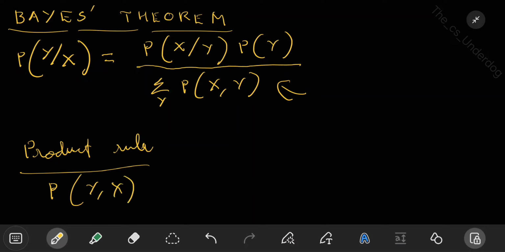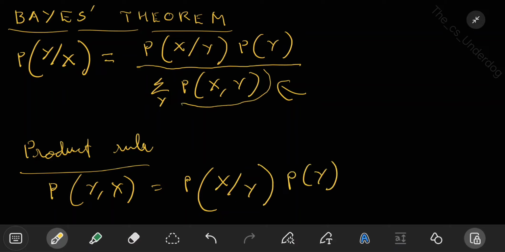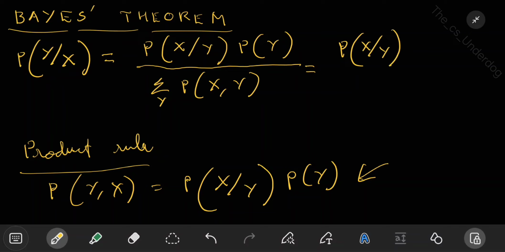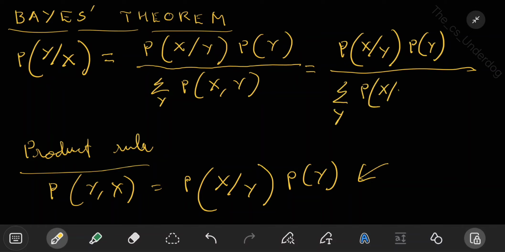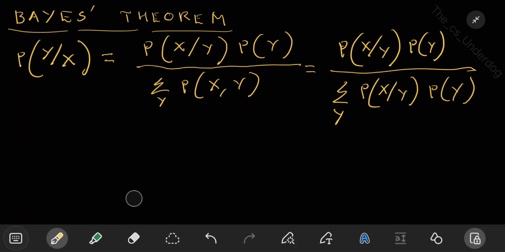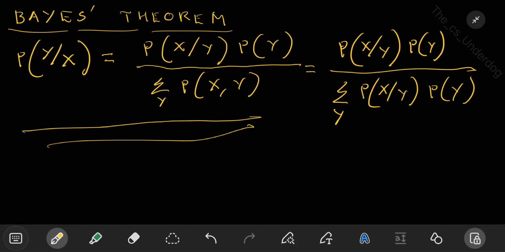If I write it as P of yx, this becomes P of x given y into P of y. So I can substitute this here. The whole thing becomes probability of x given y into probability of y divided by the summation over all values of y of P of x given y into P of y. These are the two important forms of Bayes theorem, the first derivation and the second derivation. This is what you call Bayes theorem.